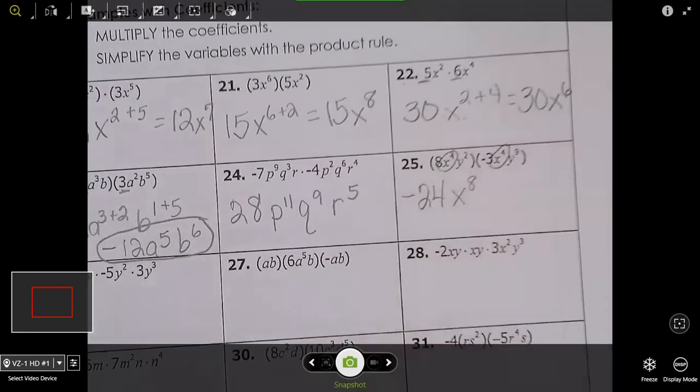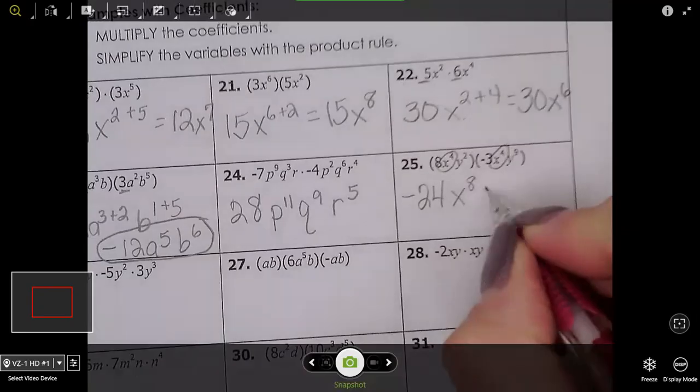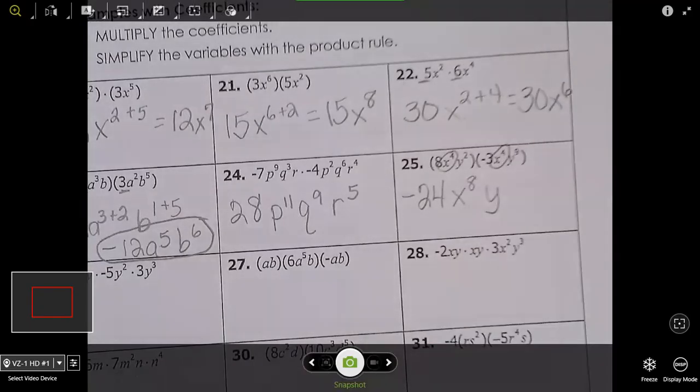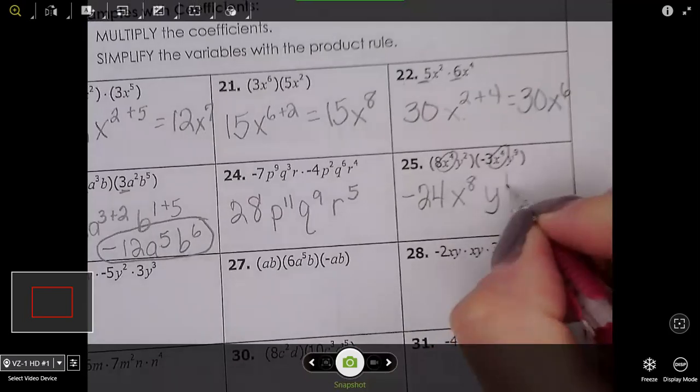Perfect. Okay, so Nicole, what would the y's be? And Kayla already told us, we multiplied the coefficients, we're gonna add the exponents. Good job.